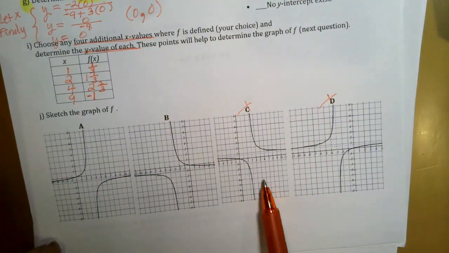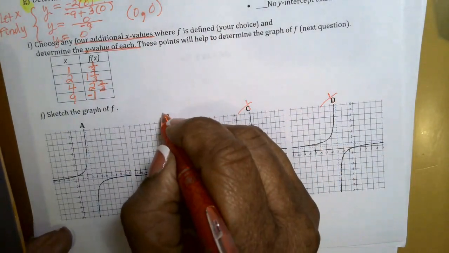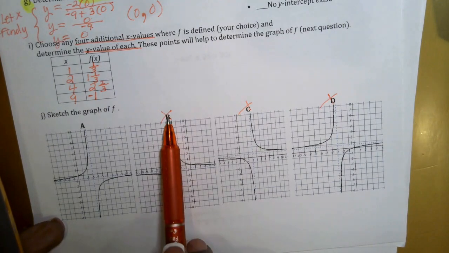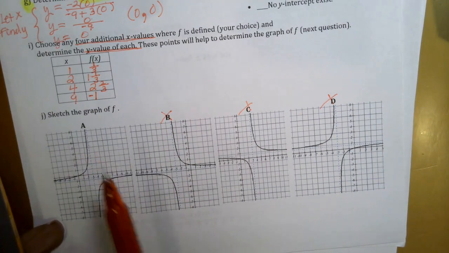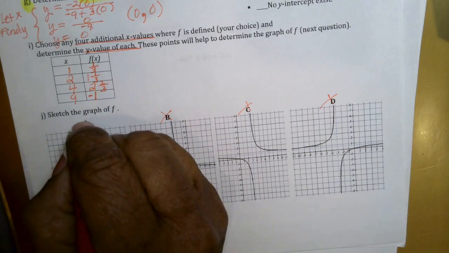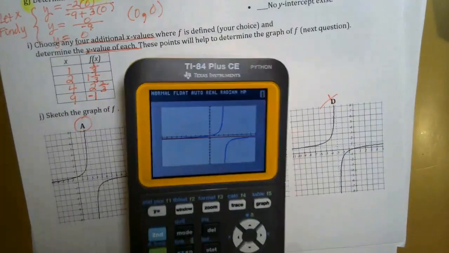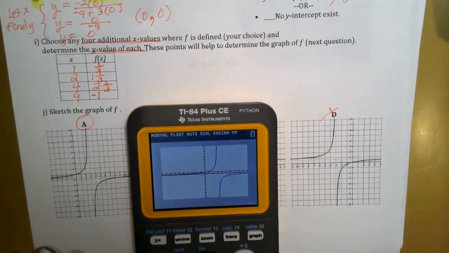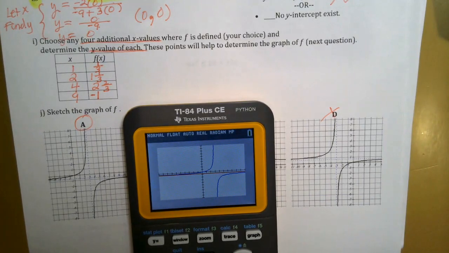So I can eliminate B based on those grounds as well, the placement of the vertical asymptote. So that leaves me with A. So I'm going to select A. That looks most like the graphing calculator, and we are allowed to use a graphing calculator on the exam.